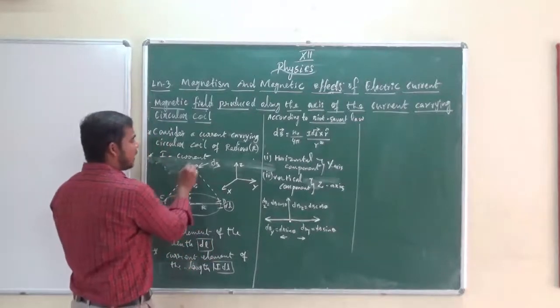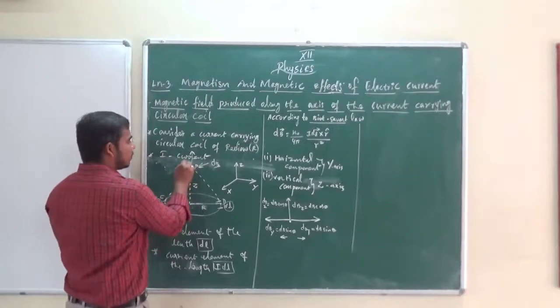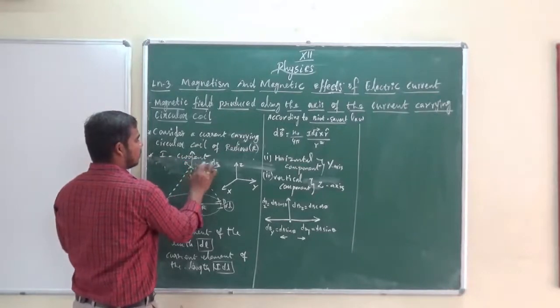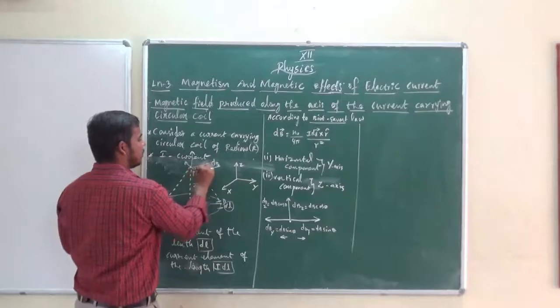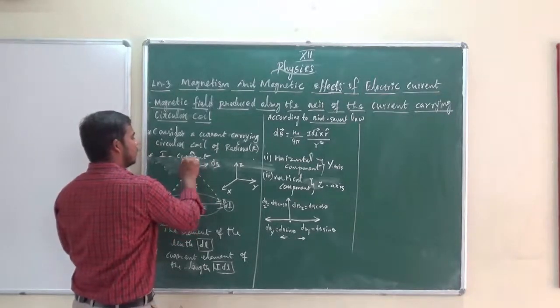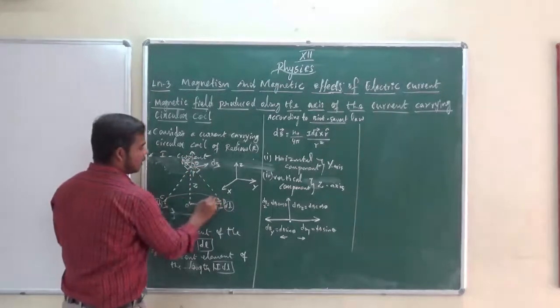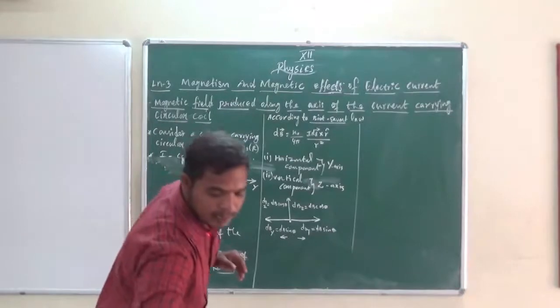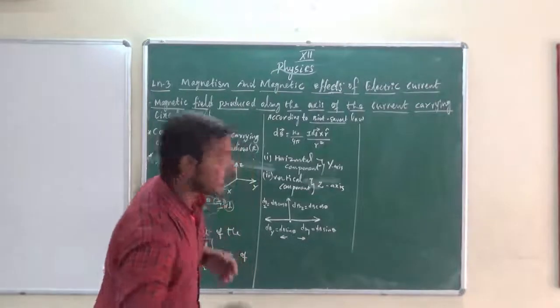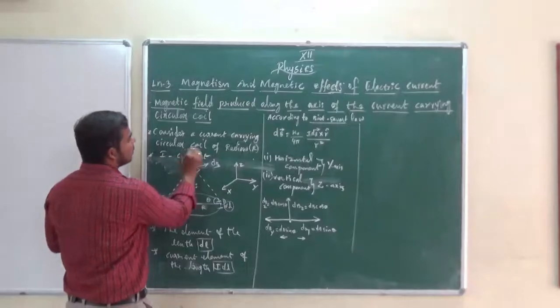See, I will draw the diagram. This is point P. This is theta, this is 90 degrees, and this angle is also theta. This is very important. The diagram is very important because we have to derive the equation.